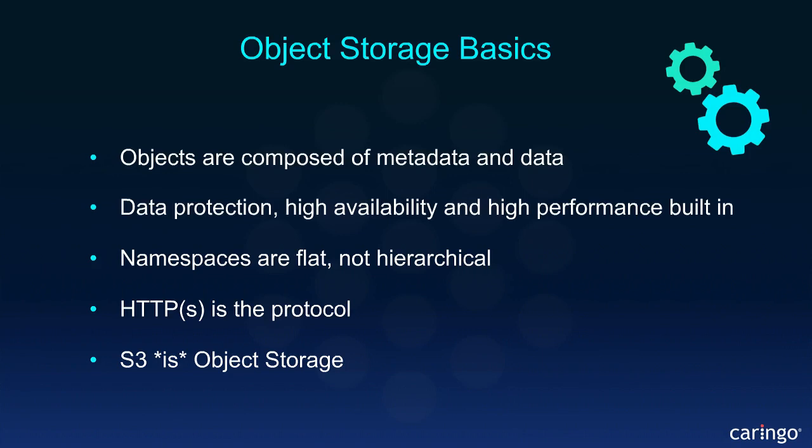The front end for getting objects in and out of an object system is through HTTP. So I think there were really a few different ways of getting in and out of object systems years ago. There were a few proprietary interfaces built, but HTTP really won out in general. It's an open protocol. There are many client packages available in many programming languages.